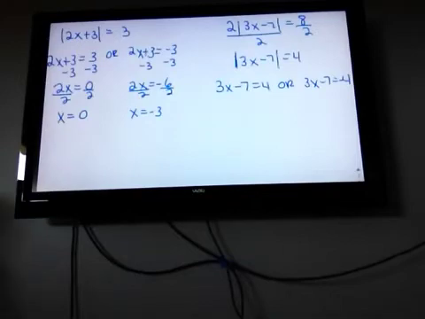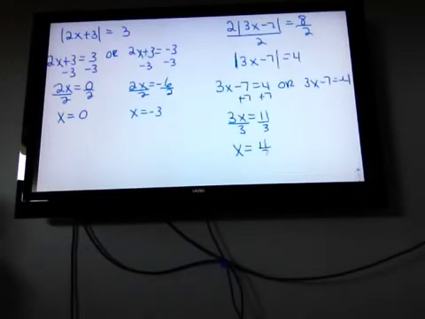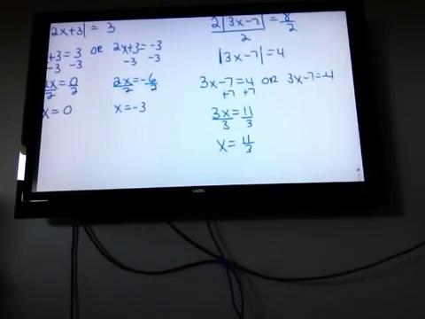And then solve. So add 7. 3x equals 11. Divide by 3. And x is 11 thirds. No decimal there for sure. And then on the other one, add 7. The math is always the same. Add 7, divide by 3, and x is 1.